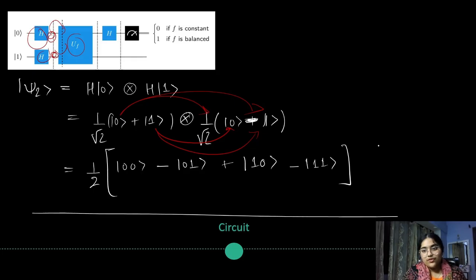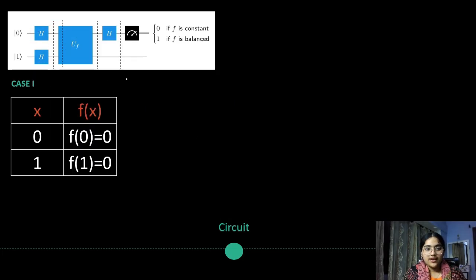Moving forward to psi 3. Psi 3 is the UF gate applied on psi 2. First of all, let's see how the UF gate works.